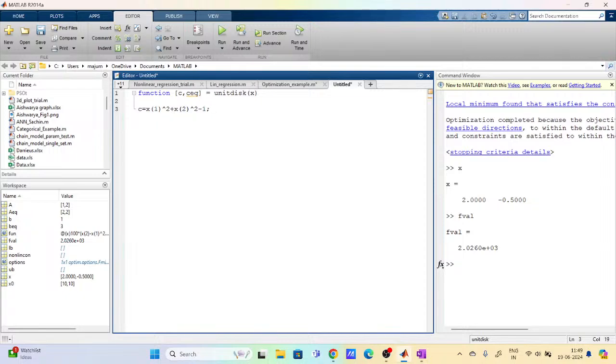Understood? Now, no need to write less than or equal to 0, because you already made the right hand side 0, and all the numbers that existed in the right hand side you already shifted to the left hand side, and this will be your constraint. Don't write less than or equal to 0. Understood?